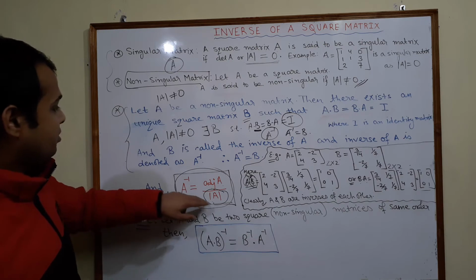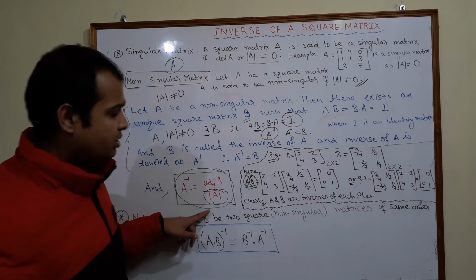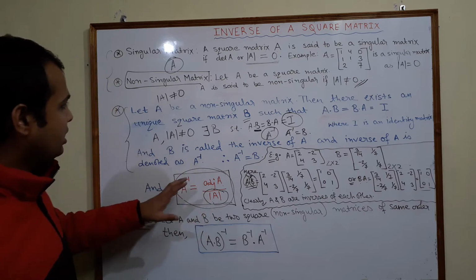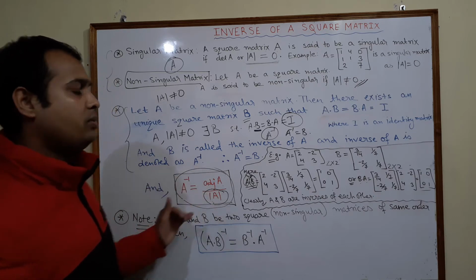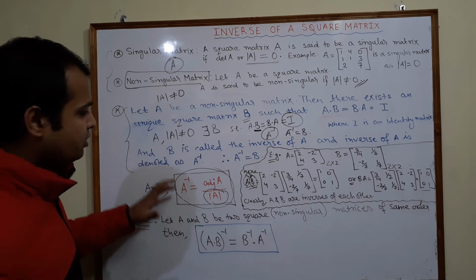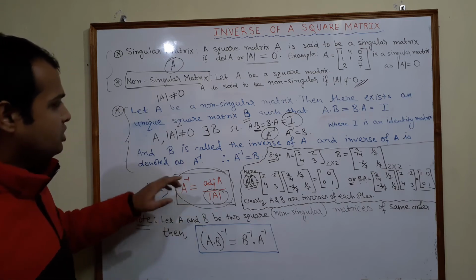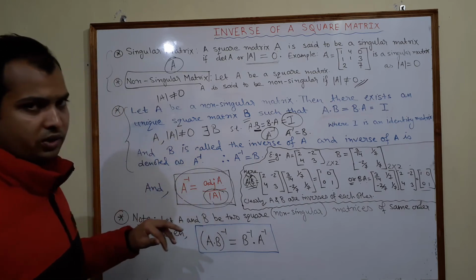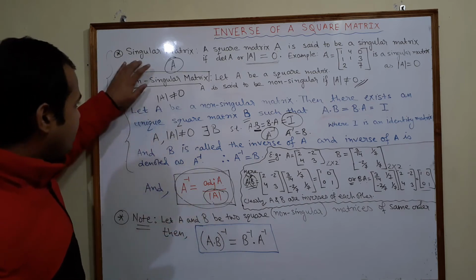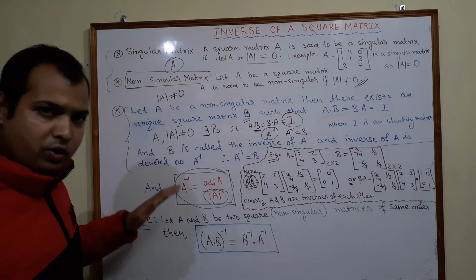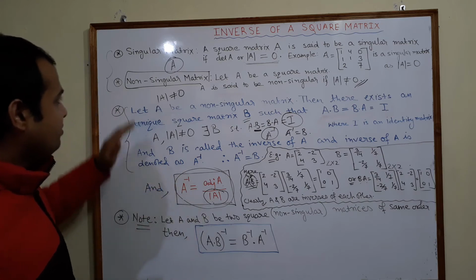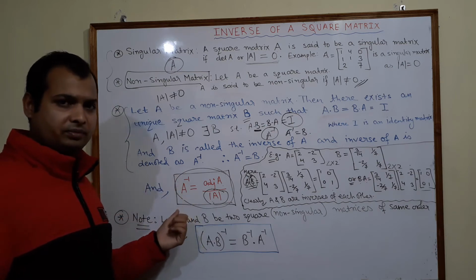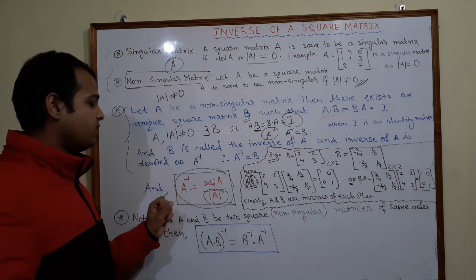So if the determinant is equal to 0, your denominator will become 0. That's why you have to check. Whenever you are asked to find the inverse of a matrix, the first thing you have to do is check whether the given matrix is singular or non-singular. If it is a singular matrix, there will be no inverse. If it is a non-singular matrix, there will be a unique inverse for that matrix.